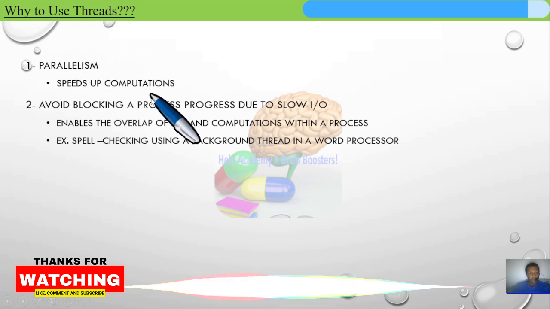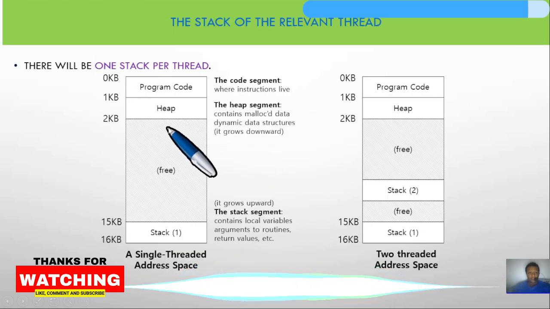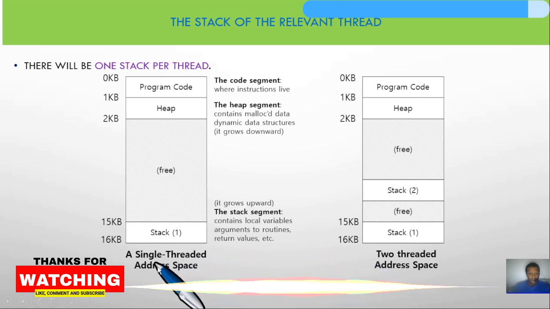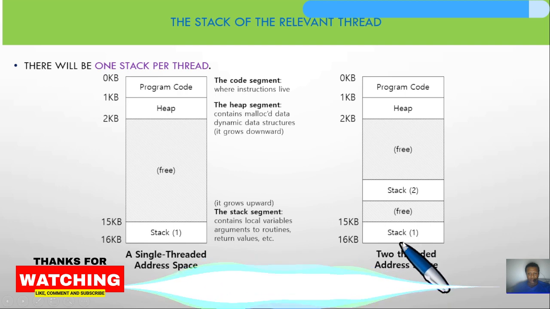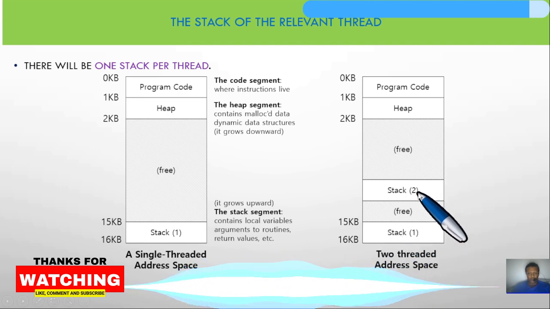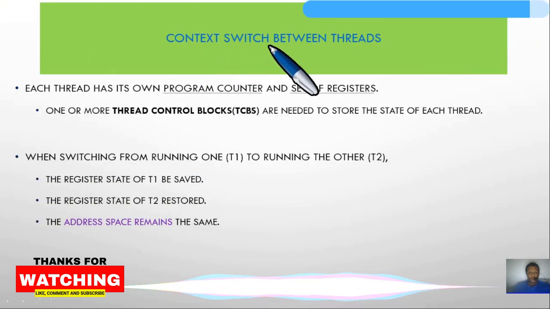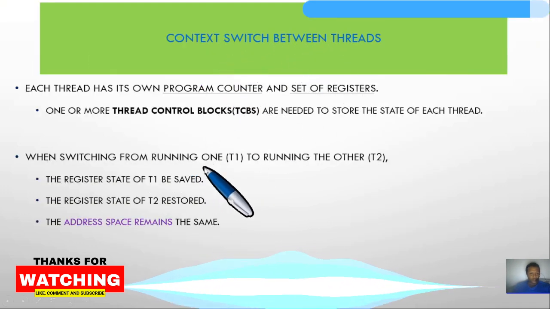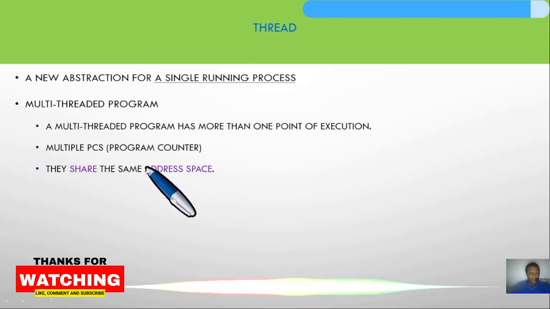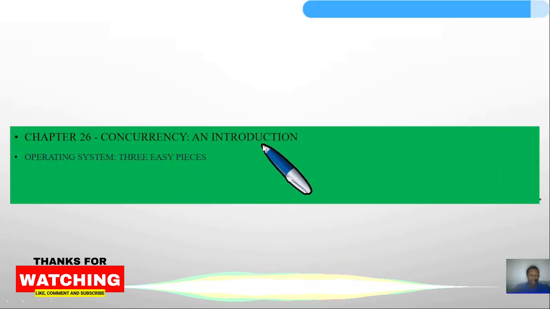And we have seen why you use threads, and also the single-thread address space and the two-thread address space. In the two-thread address space, each thread has its own stack, but here we have only one stack. And context switching between threads, the mechanism. That was the concurrency problem, and I hope this gives you some idea of what concurrency is and what the problem is.